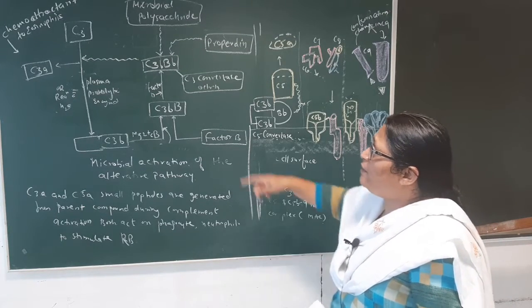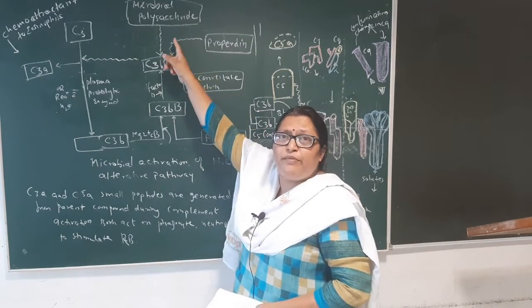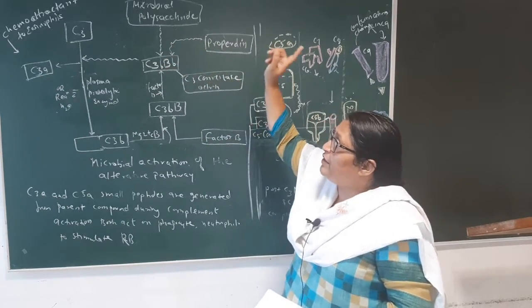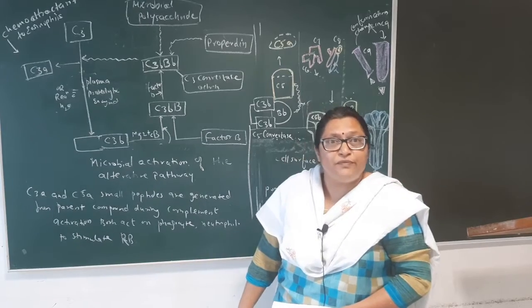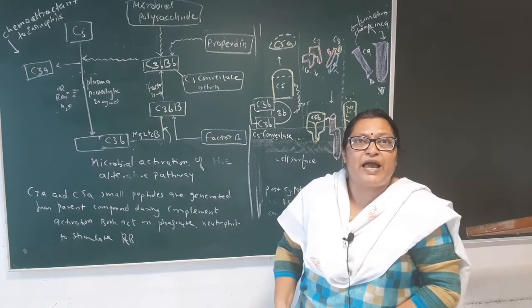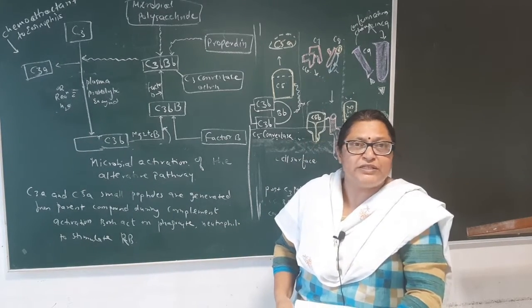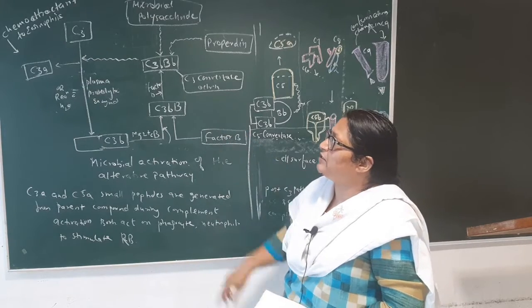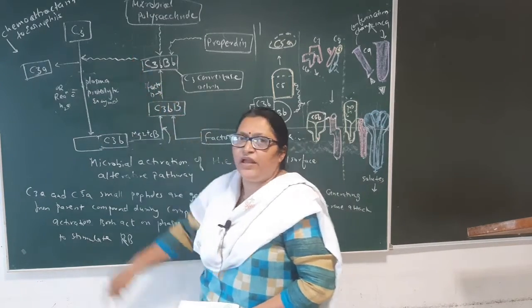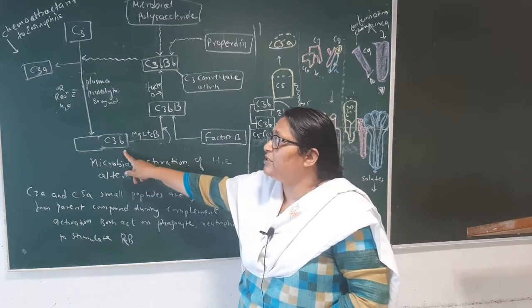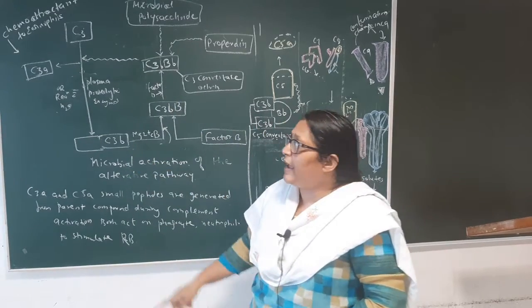Okay. So, microbial polysaccharides, do you remember that in the previous lecture we had seen microbial polysaccharides are the polysaccharides which have a role in the immune system. Now, this C3 is converted into C3b and C3a.